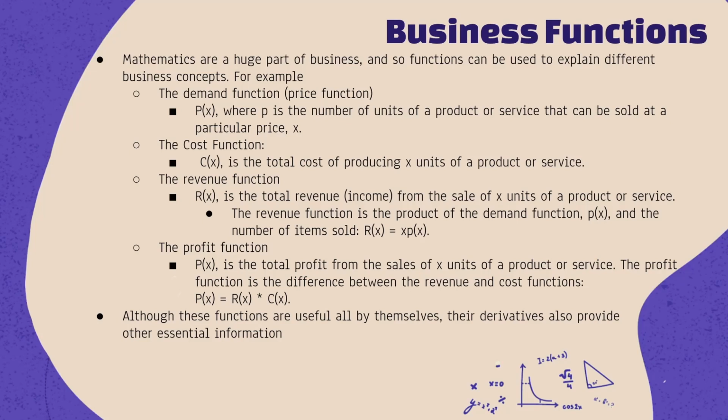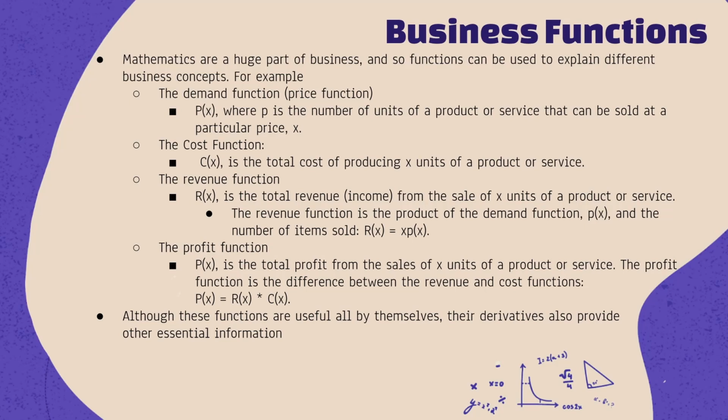The cost function, C of X, is simply the total cost of producing X units of a product or service. Again, if we talk about selling golden apples, our cost could be something like a $5 flat fee plus $1 per apple sold. In that case, our cost function would be 5 plus X.